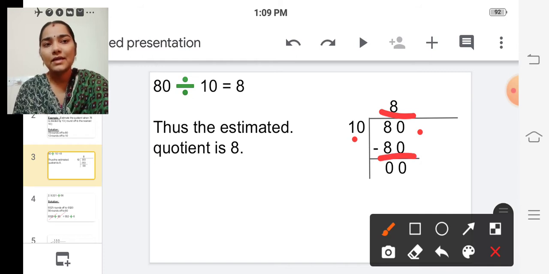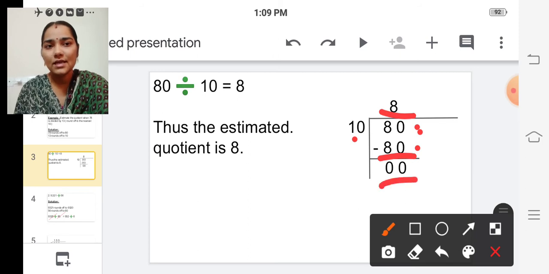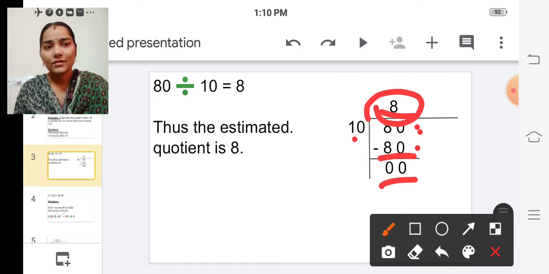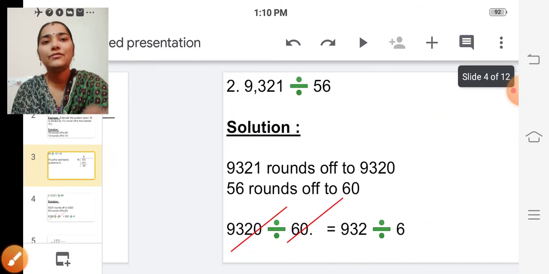Subtract 80 minus 80. 80 minus 80 is 0. So the estimated quotient is 8. So have you all understood, children? Yes. So shall we see one more example? Then it will be clear for you.